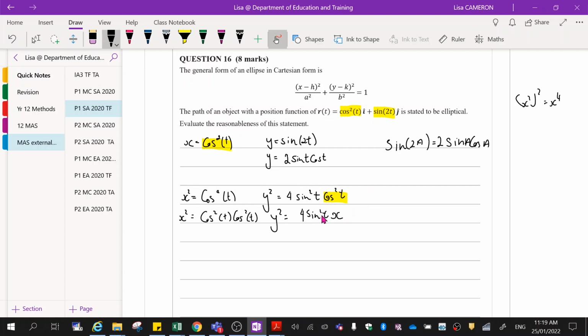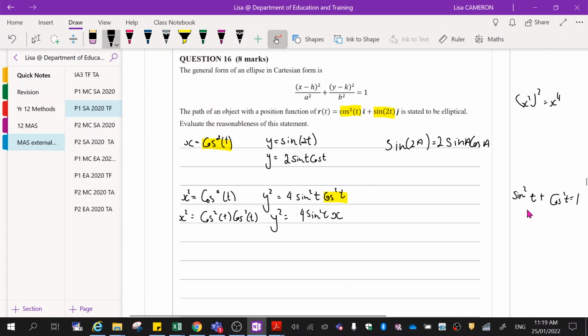So what I want to do is convert that using our... What are we going to use here? We're going to use the double angle identities. So, no, sorry, not double angle identities. Pythagorean identities. Generally our Pythagorean identity is sine squared t plus cos squared t is equal to 1.